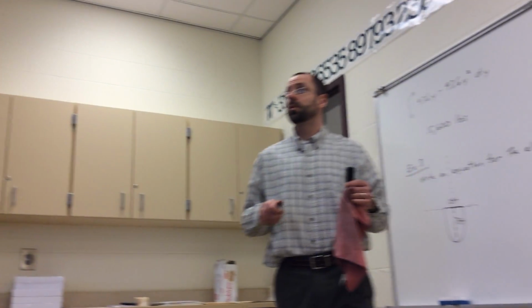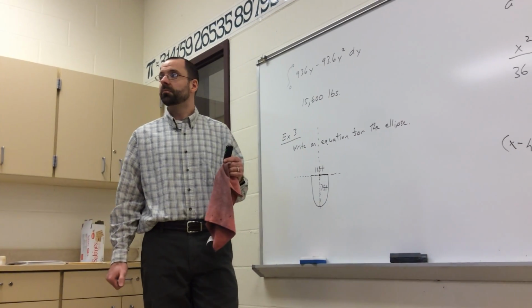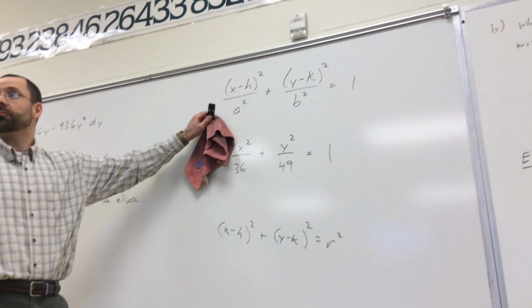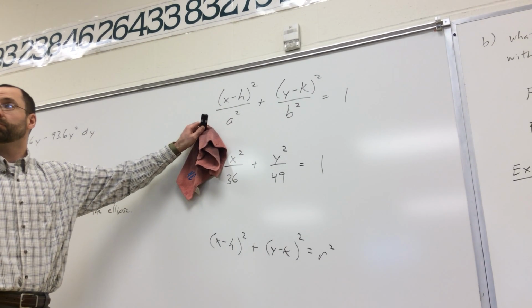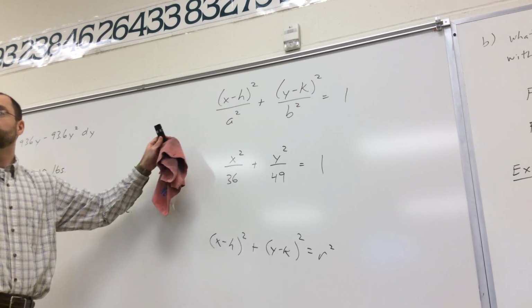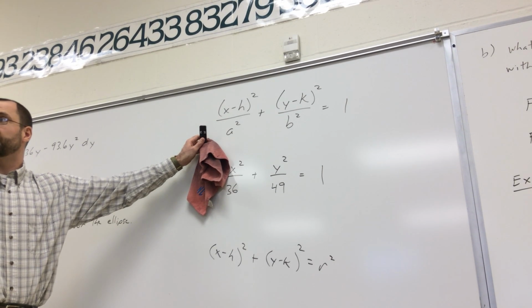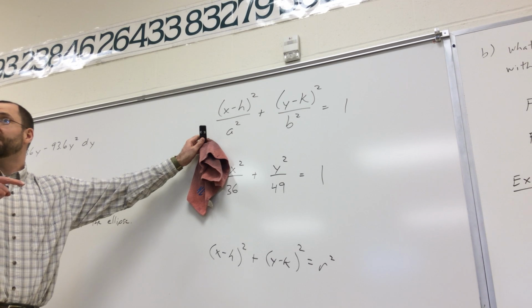So for the A in the ellipse equation, it doesn't matter that the radius is technically going to change at the bottom of the ellipse. It's still going to be very strict. A represents the distance from the center of the ellipse out to the farthest edge on the x-axis.